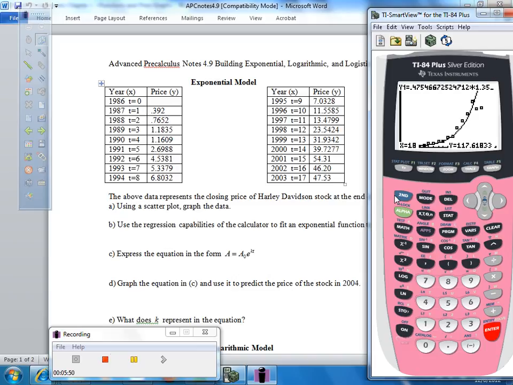The value of the stock in 2004 would be $117.61. Guys in the stock market make predictions and they're wrong a lot of times because maybe they're using the wrong function to model stuff.